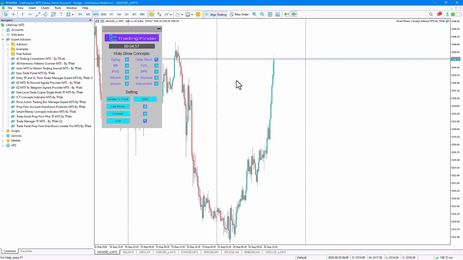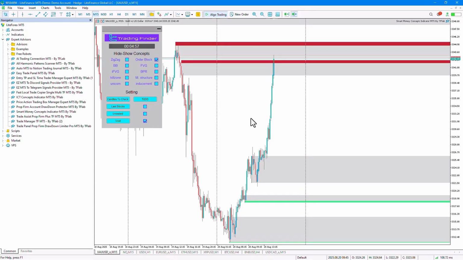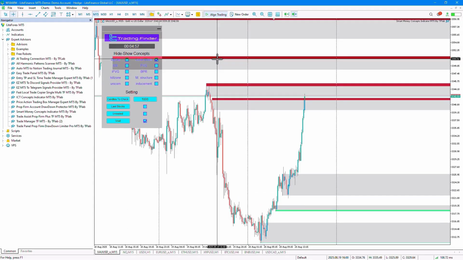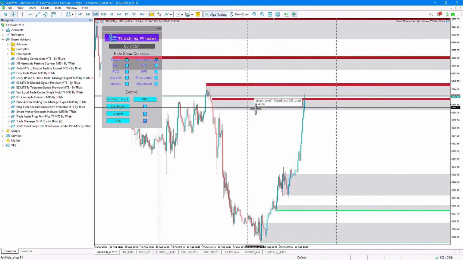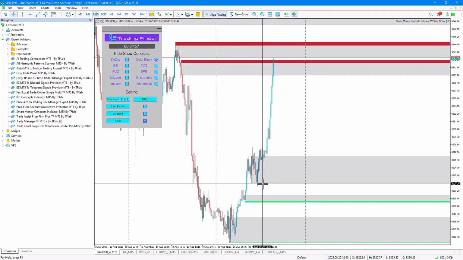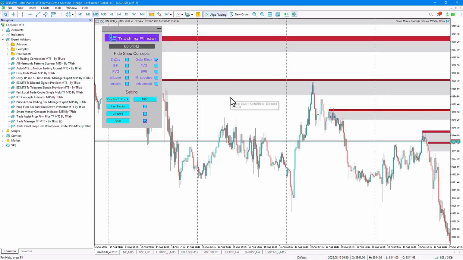If we configure these zones, the price action begins to move and enter into these zones, and if these zones are fully consumed or exhausted, they are then displayed in a distinct gray color, indicating their depletion.